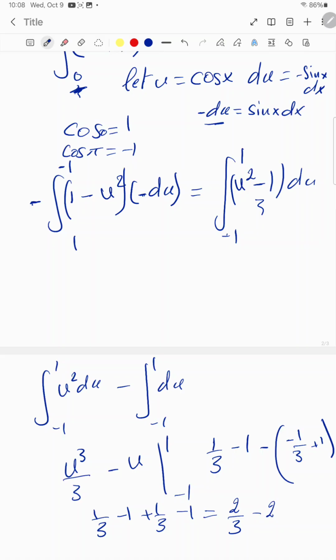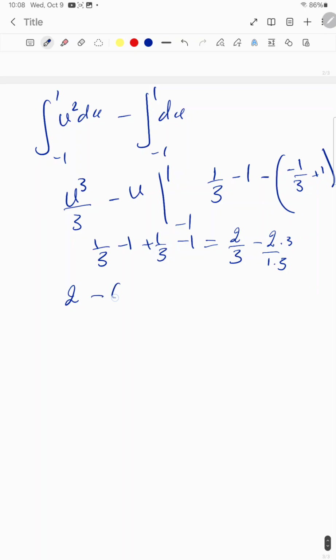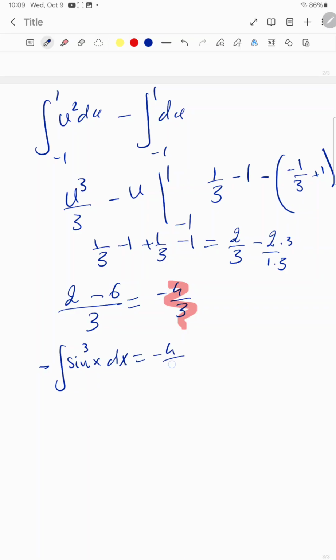And if I want to have a common denominator, I multiply here by 3 and I multiply here by 3. So it becomes 2 minus 6 divided by 3, which is equal to minus 4 divided by 3. So my second integral, meaning minus the integral of sine to the power of 3 of x dx, is equal to minus 4 divided by 3.